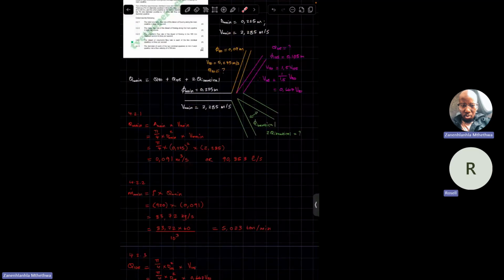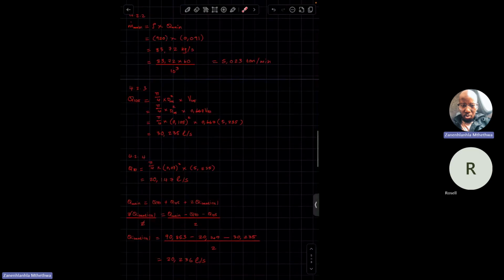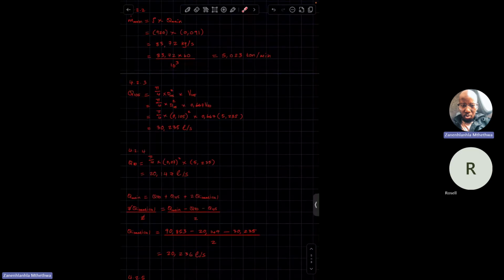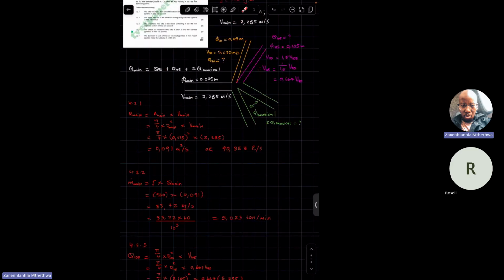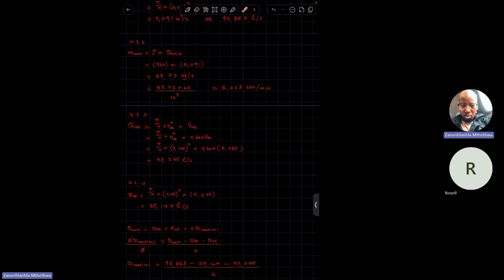Yes, I remember that one. Yes. So you simply substitute this velocity with that ratio. And then the diameter is given, it's 105, which is 0.15. And then the velocity of the 70 millimeter diameter pipe is given, remember, as 5.235 meters per second. And that is where this comes from.